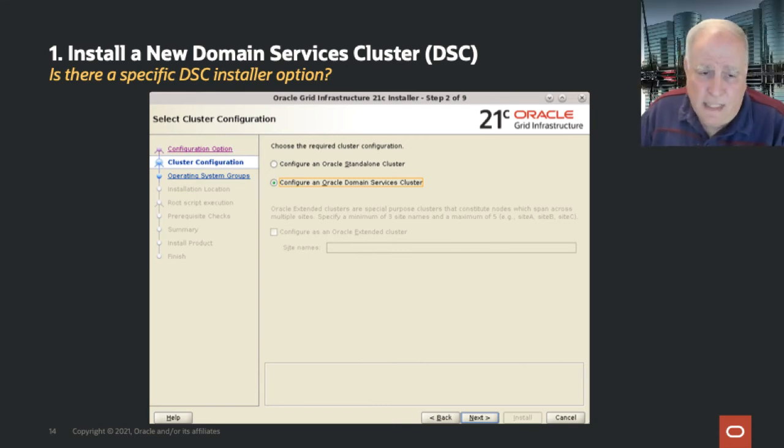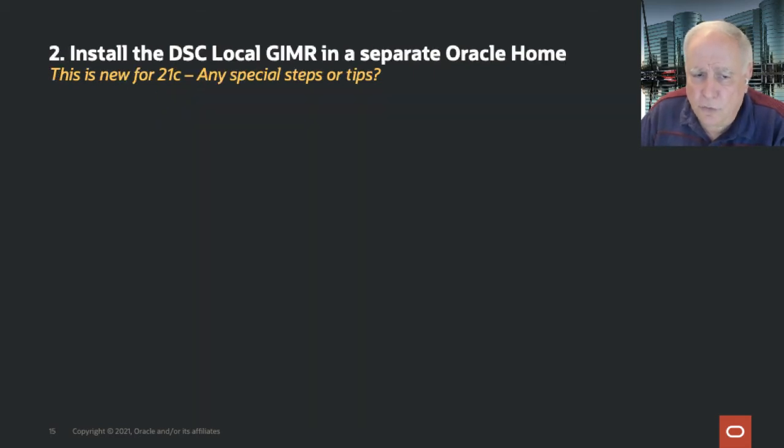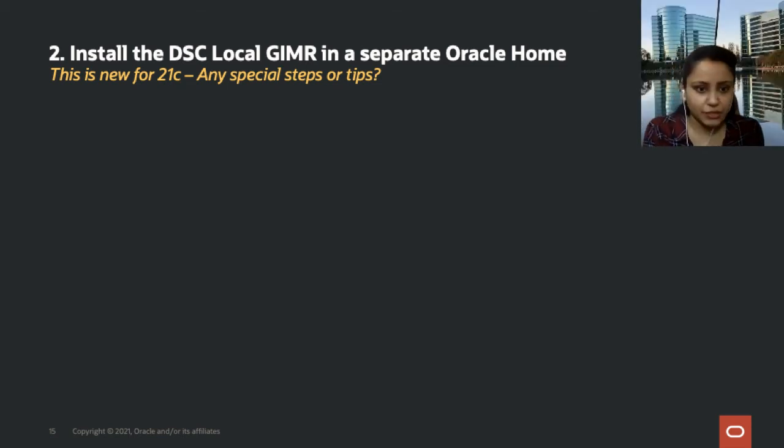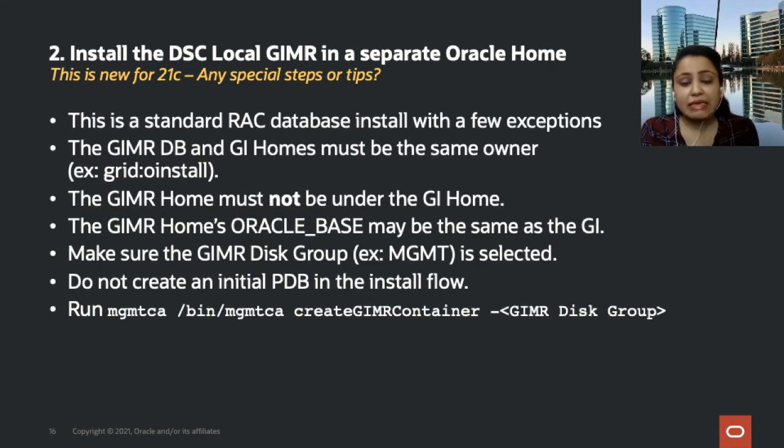So once I've done that, then you talked about having to install another database home. Is this new for 21C, and are there any special steps or tips? Yeah, it is new actually. The database home in which GMR is configured is a standard RAC database software-only install with a few exceptions.